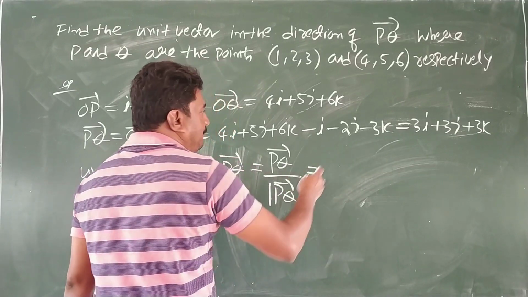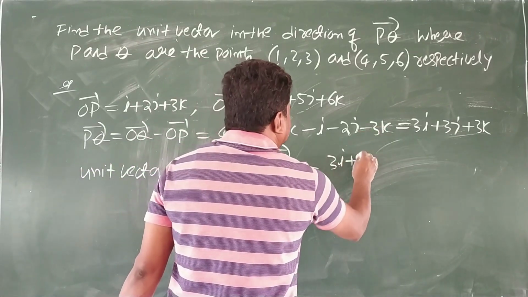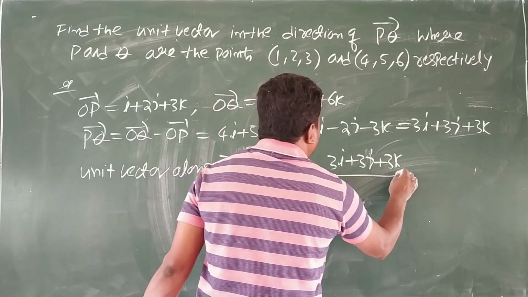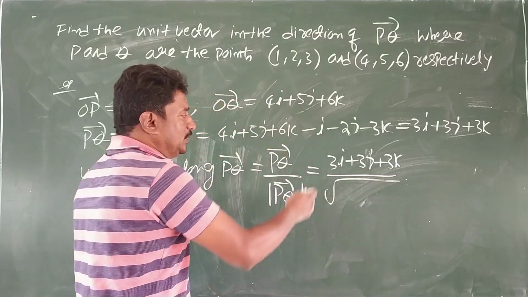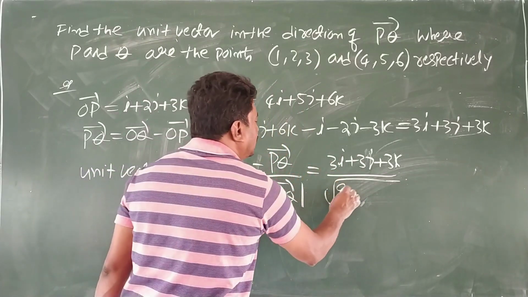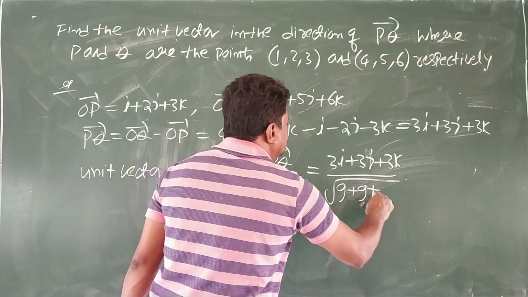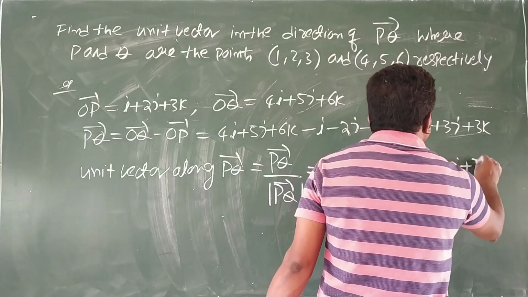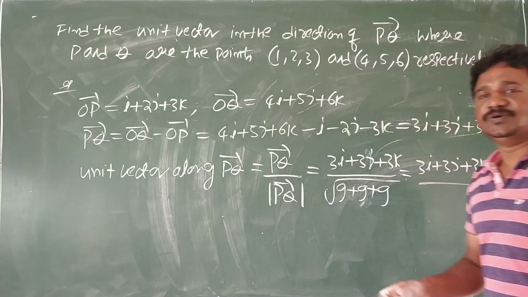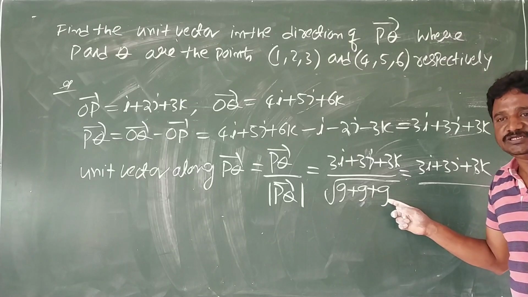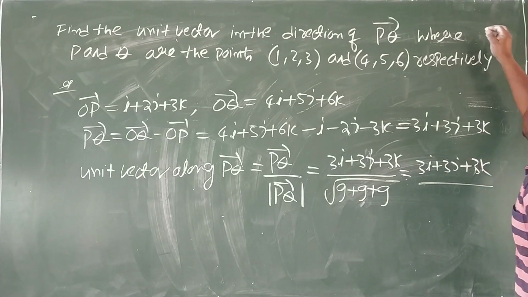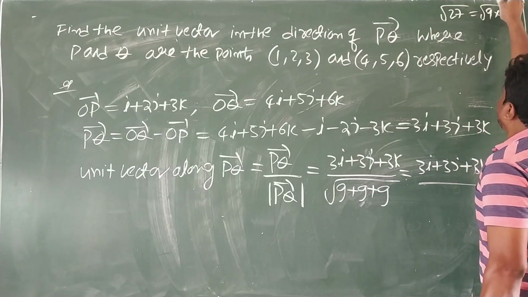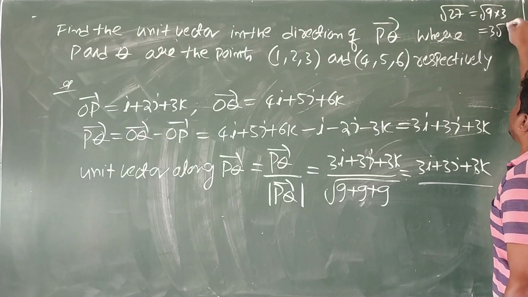Vector PQ is 3i plus 3j plus 3k. I calculate: 3 squared 9, 3 squared 9, 3 squared 9. 9 plus 9 is 18, plus 9 is 27. Root 27 means root of 9 times 3, which is 3 root 3, correct?